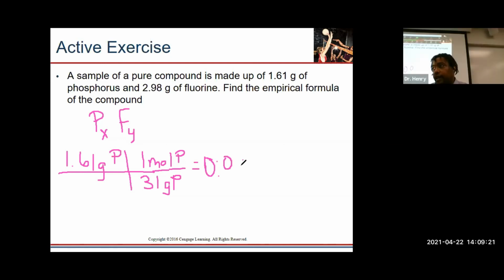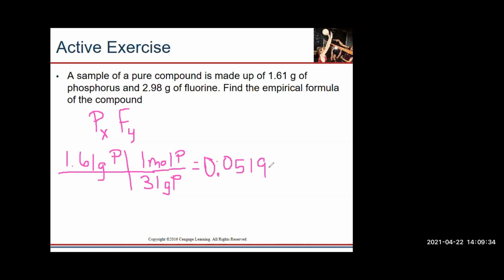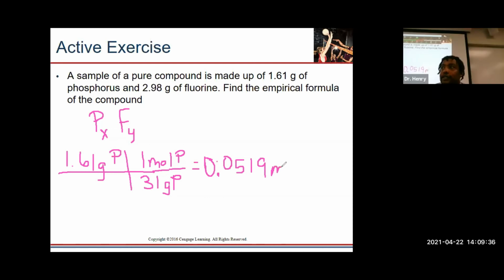How many sig figs should I have? 3. So 0.0519. Yes. Okay, and that's moles of phosphorus.